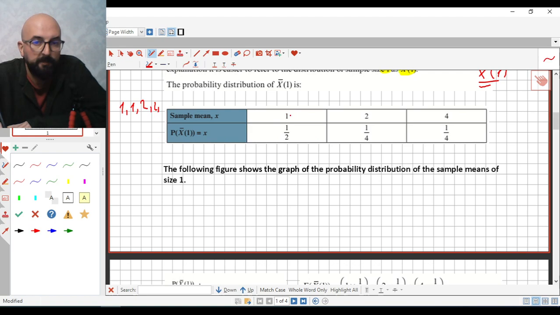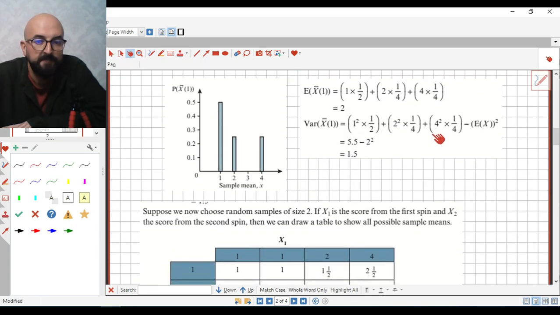So the probability of 1 is 2 over 4, which becomes 1 over 2. The probability of 2 is 1 over 4, and the probability of 4 is 1 over 4. The following figure shows the graph of the probability distribution of the sample means of size 1.